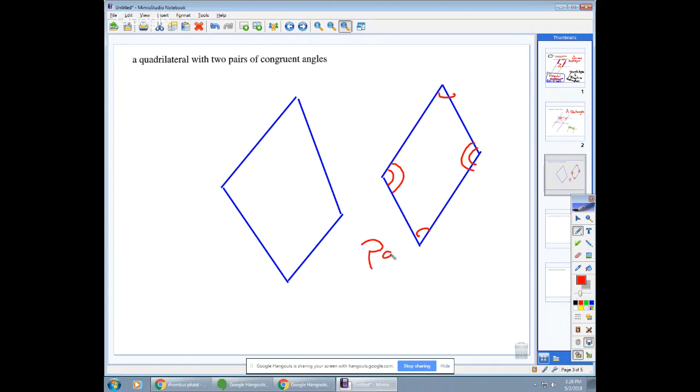Let's see. Another idea. Anyone else got a different idea besides parallelogram or rhombus?